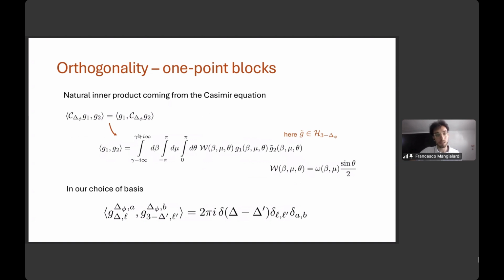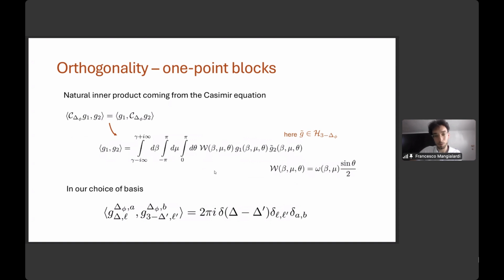In fact, if we demand these inner products to be symmetric with respect to the action of the Casimir, we can find an inner product for which we expect the blocks to be orthogonal if we work in an appropriate choice of basis for the blocks. The measure that we find in this case is basically the same as for the characters, apart from a factor which depends on the insertion points of the field.